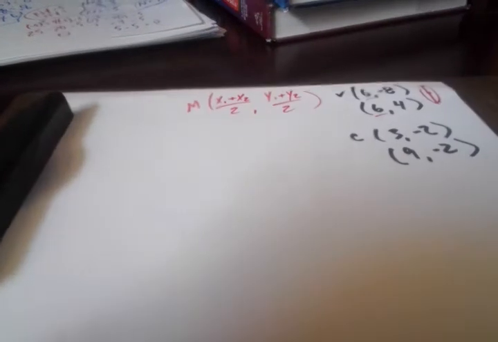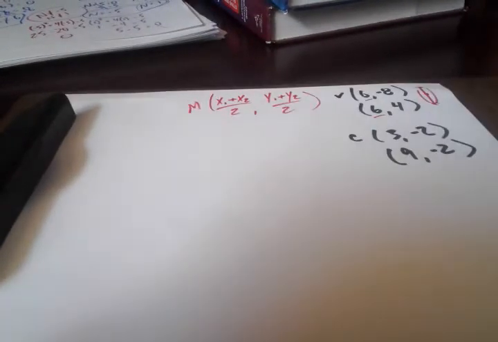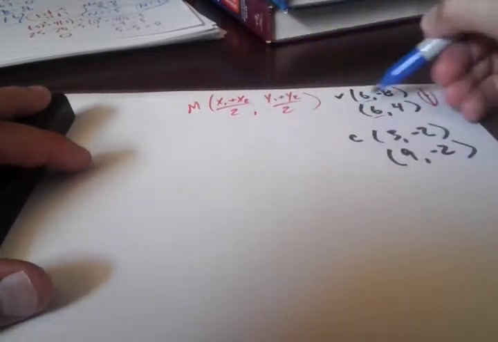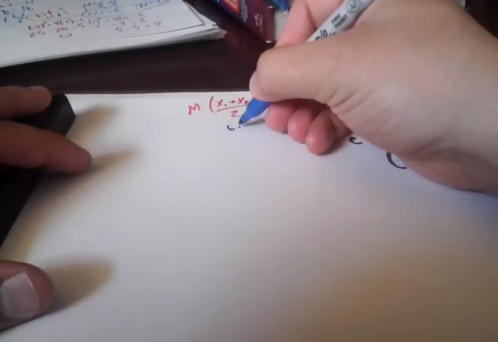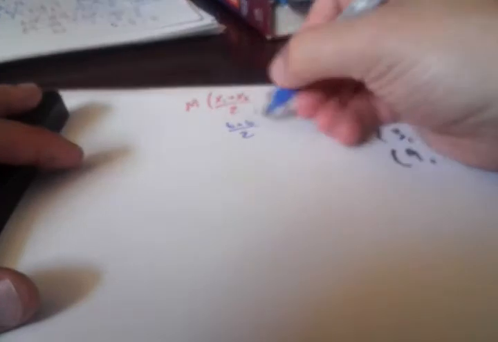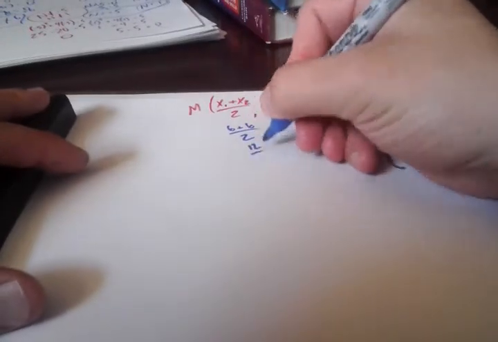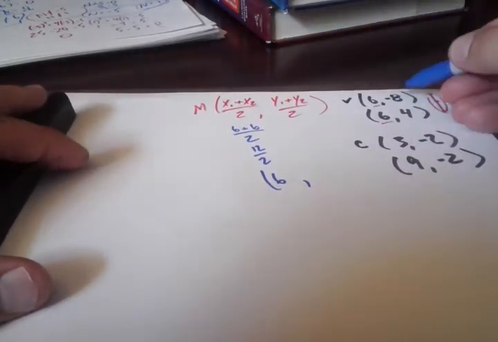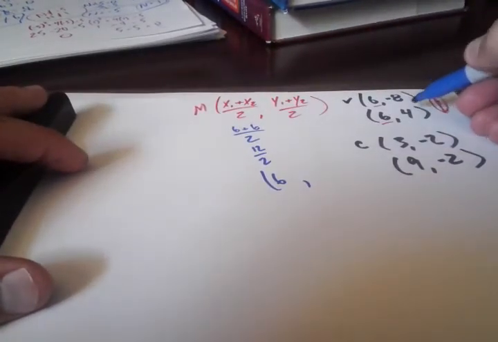So let's do the midpoint for the vertices here. All right, so the x values are 6 and 6. So it's 6 plus 6, it's 12. And then we have 12 over 2, which reduces to 6, right? The y values, going very quickly here, plugging them in up here.